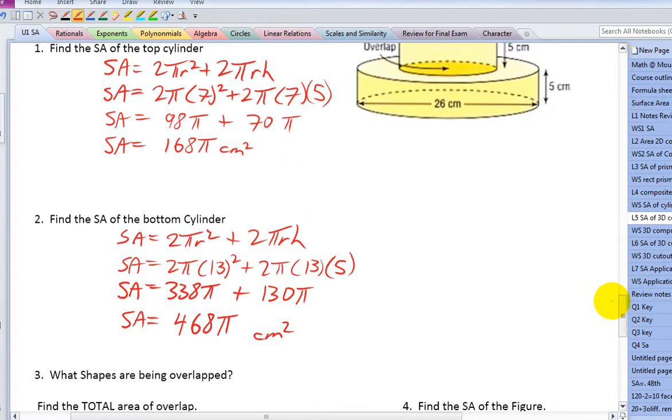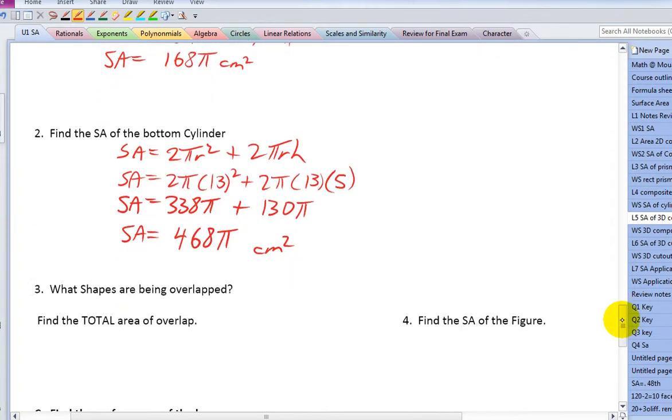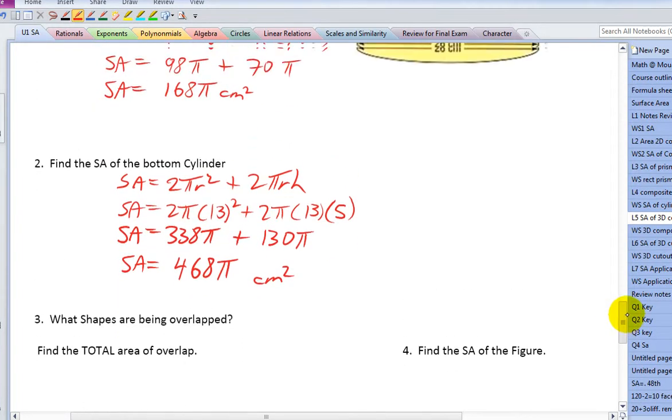Okay, so for the second cylinder, the bottom one, 468 pi. Hands up if you got that. On your way. Okay, so then what we have to do is talk about the overlap.